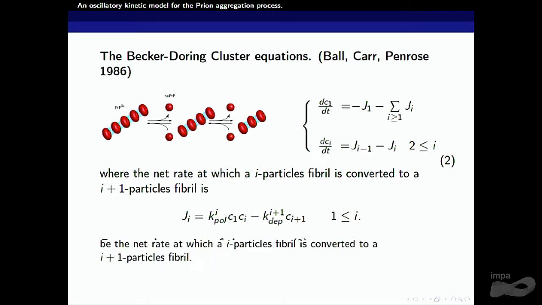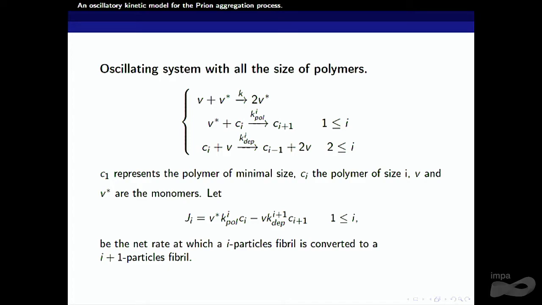So what we do is we introduce different kinds of particles. We need to have some kind of a cycle and exchange between the particles to have oscillation for our system. So we add two kinds of particles. We have the V monomers, which is actually the normal monomers. It doesn't polymerize, but it's used in the depolymerization here.